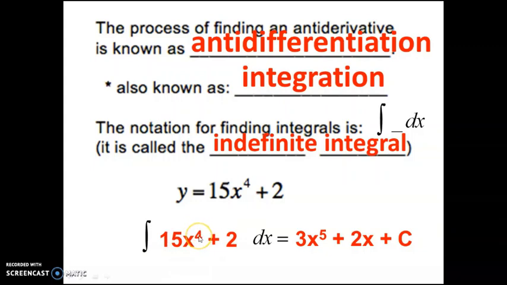We're going to add one here, so it becomes a 5. Then you're going to multiply this by 1/5, and this multiplied by 1/5 is actually 3. And here you're going to increase the x, which is now x to the 0. You're going to make an x to the first power, which is this. So there's our antiderivative of that. And don't forget the c. So that's a recap of what we've talked about so far.